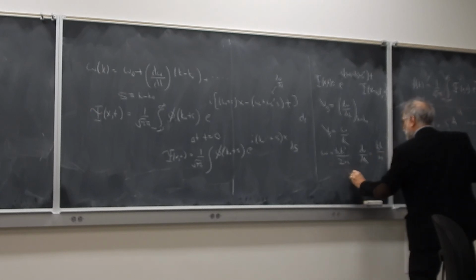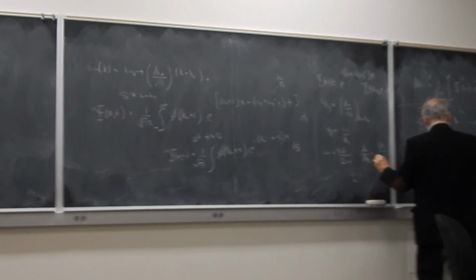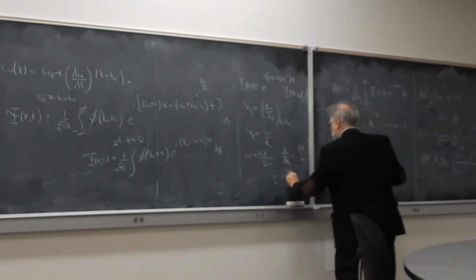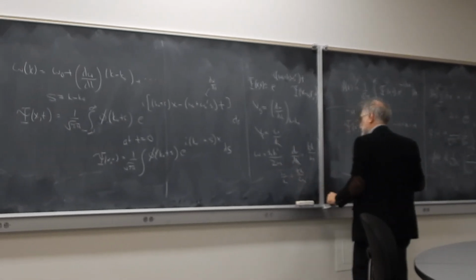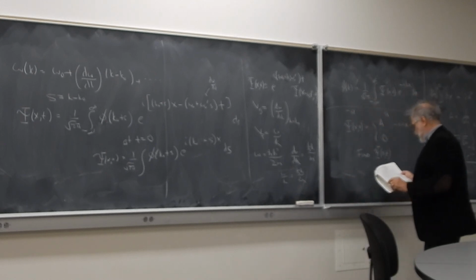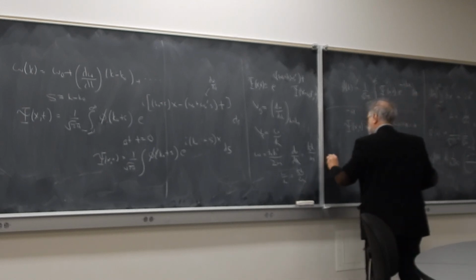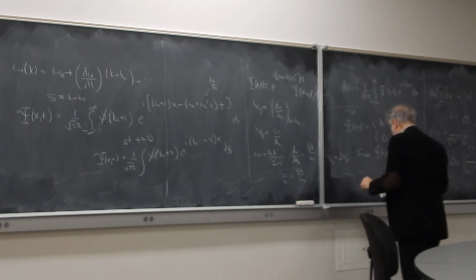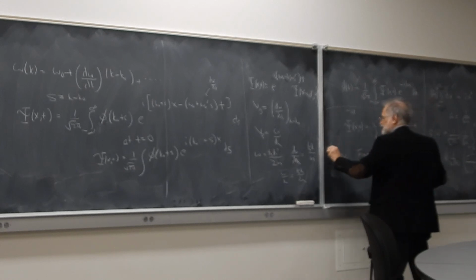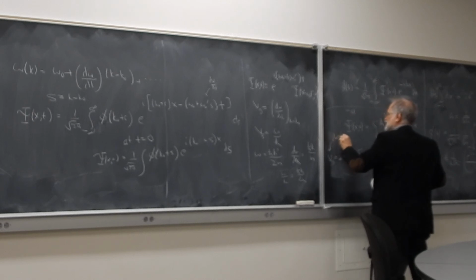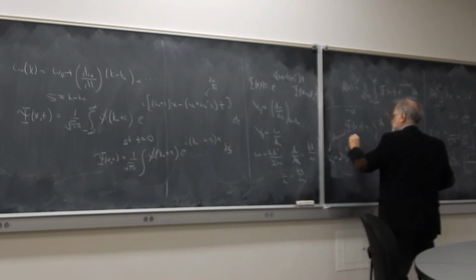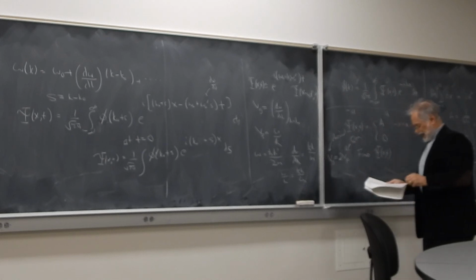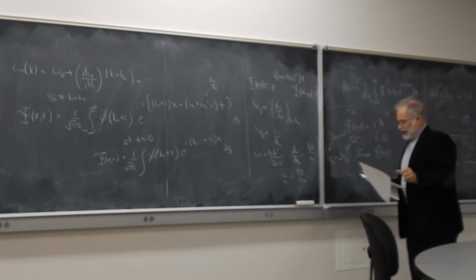And so omega over k is equal to h bar k over 2m. So what that means is the velocity of the group is equal to twice the velocity of the phase. The group velocity represents the classical velocity of the particle. The phase velocity represents the quantum mechanical velocity of the particle, and that's where that comes from.